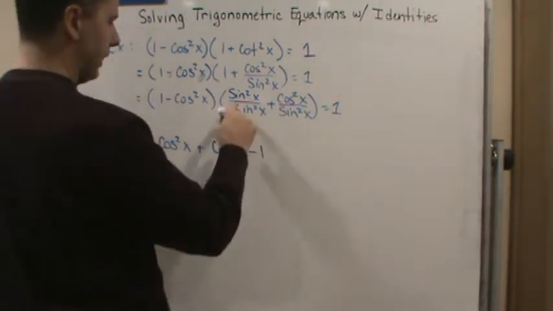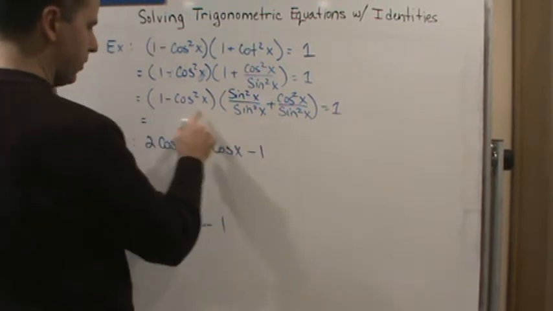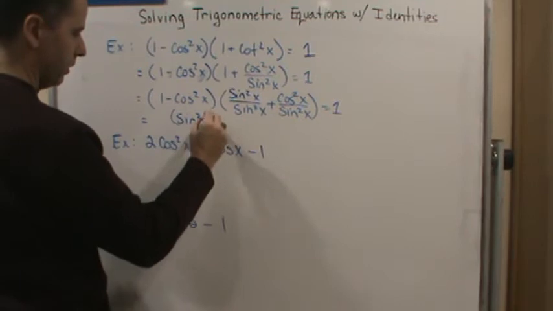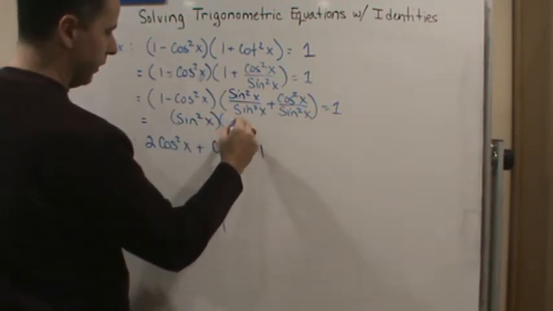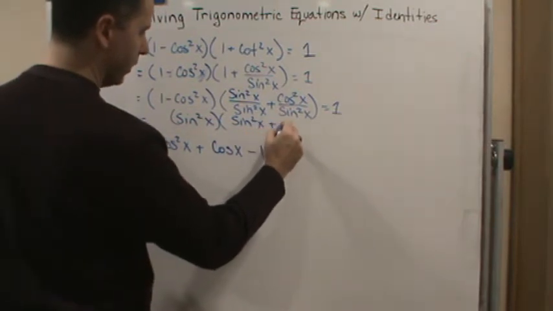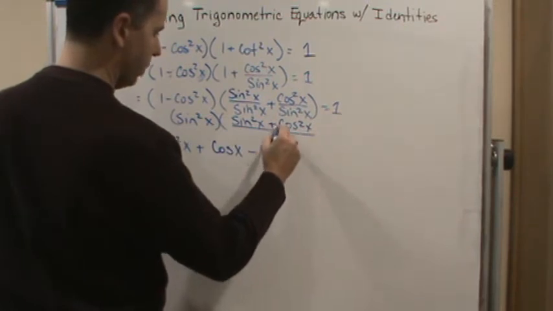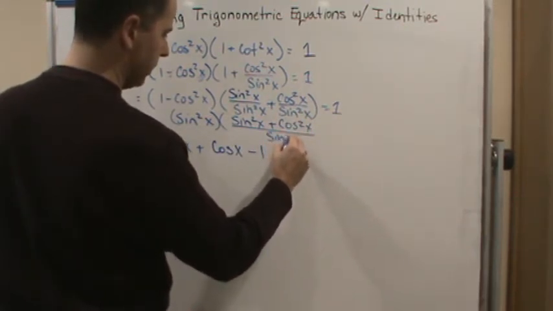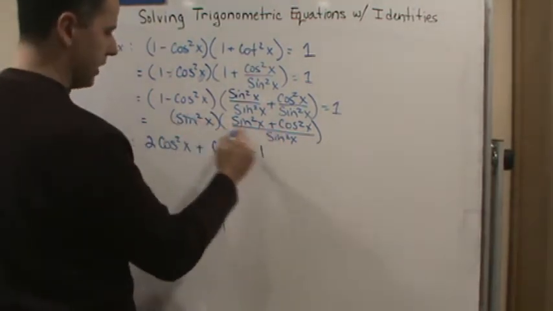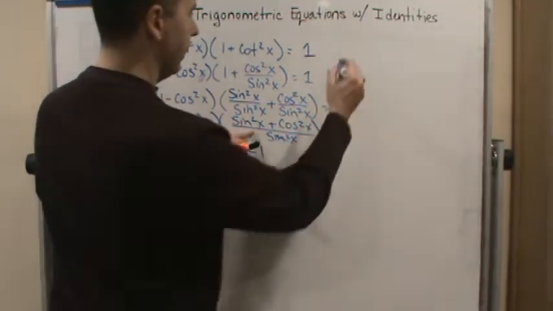And now I can combine this, and I'm going to get sine squared x on the denominator, so I'm going to change this to sine squared x, because then that's going to cancel with the denominator here. So I get sine squared x plus cosine squared x all over sine squared x, and then the sine squared x on the top and the bottom cancel, and what do I get?